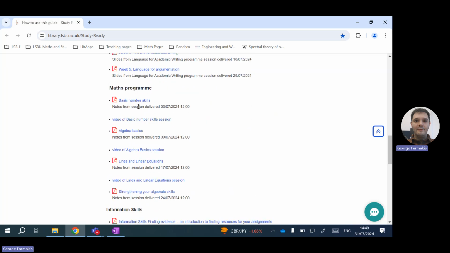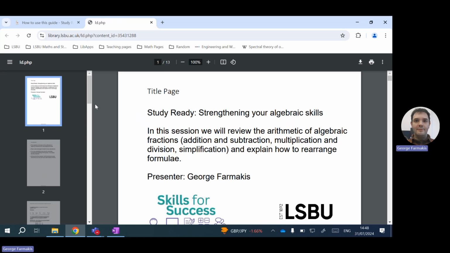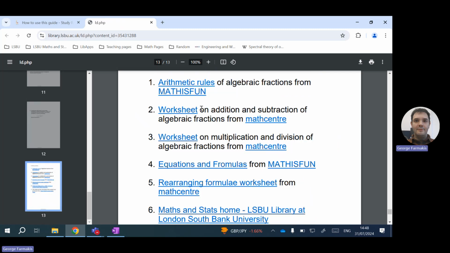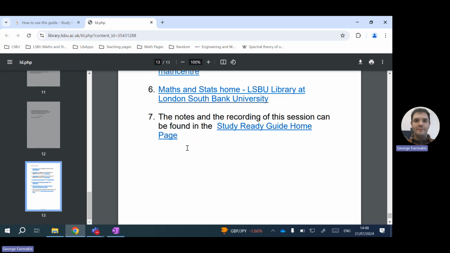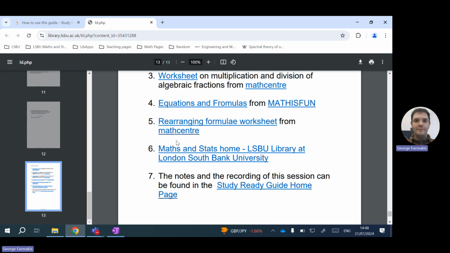So if you go to the math program, strengthening your algebraic skills, and you go to the last page, you can find all these links, worksheets from the Math Center for Maths Fun, how to rearrange formulas, how you can use the arithmetic rules of algebraic fractions.